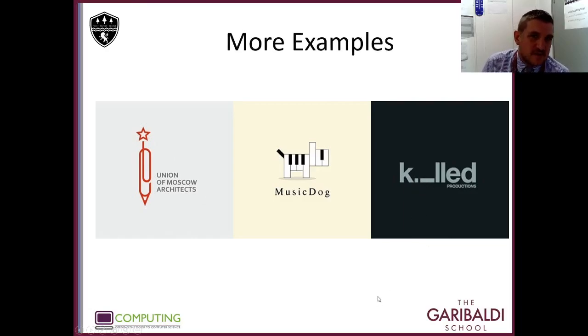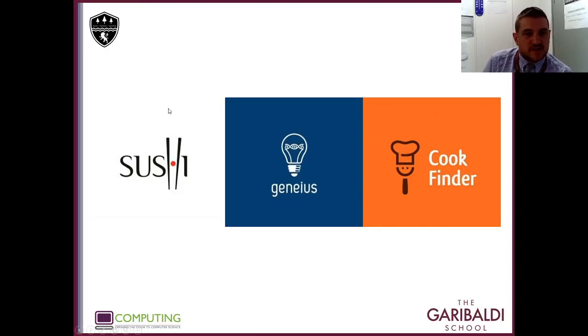And then we've got this sushi one here where the H has been made out of chopsticks. We've got Genius where they've made the light bulb. They've incorporated it in, and if you look in the filament of the light bulb, they've got the DNA strand. And then the Cook Finder logo, where they've got a magnifying glass with a chef hat, symbolizing you can use this website to find cooks.